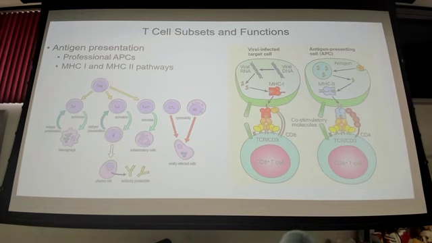So, problem solved, killed. Where those APCs are professional antigen presenting cells, the pathway is a little bit different. Because remember, those macrophages and those dendritic cells are actively engulfing and phagocytizing those targets. So they will get presented differently, but ultimately those peptides still end up on this MHC2 complex, and that too gets presented to those CD4 T cells.